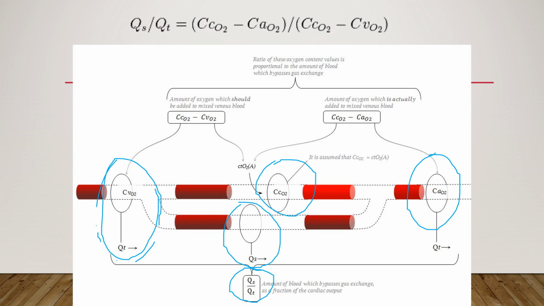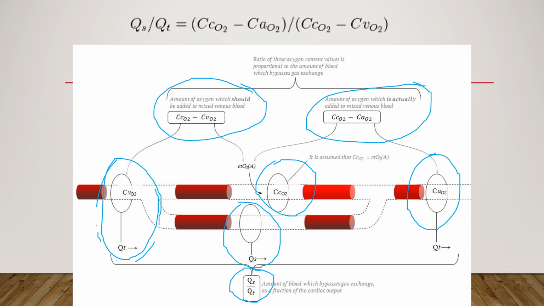By doing some fancy math, we can figure out that the amount of oxygen which should be added to mixed venous blood is represented by the difference between the pulmonary capillary and the venous O2, and that the amount of oxygen which is actually added to the mixed blood is the difference between the capillary O2 and the arterial O2.